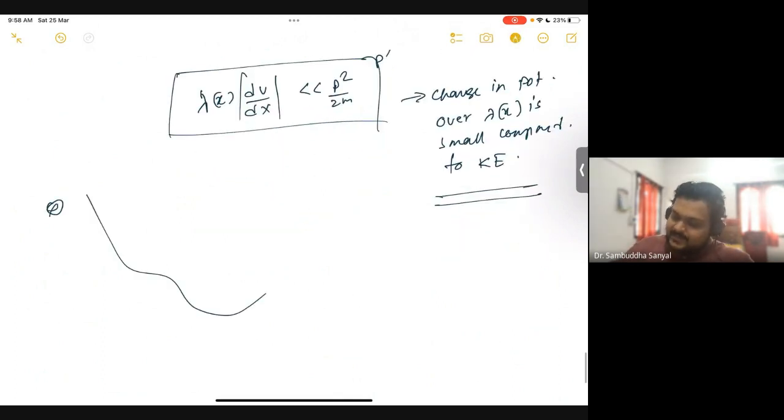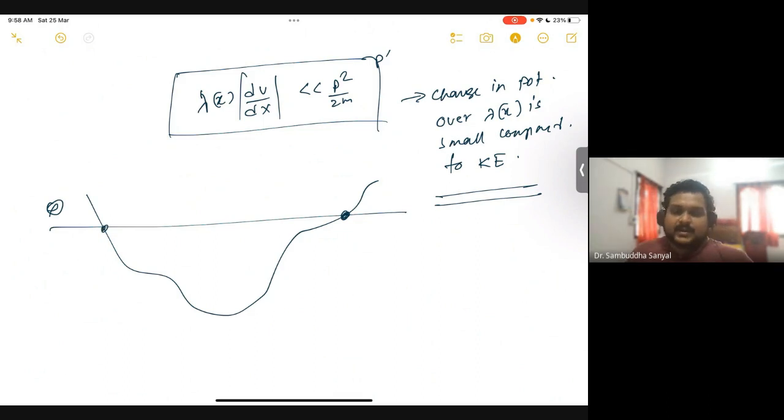Let us say I have this problem of a potential. What happens when the particle approaches here? This is a turning point. If you think of an oscillator, it will move like this, right? There is a turning point. It stops and comes back. The turning point is where p of x goes to 0, and then lambda of x goes to infinity.